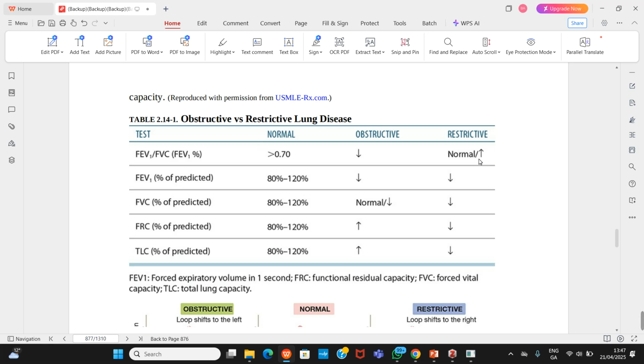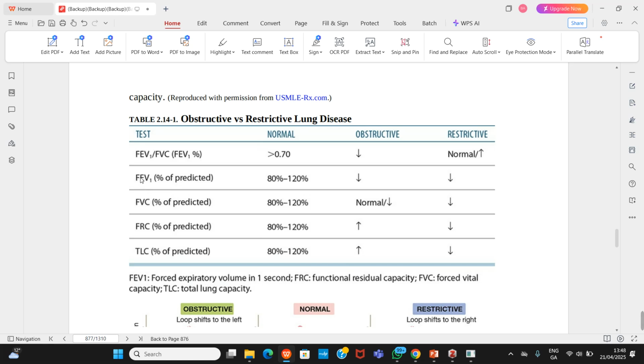In obstructive, it is lower than 70%. In restrictive, it is normal or higher than 70%. So what about the individual values? So we expect the other individual values to be more than 80%, not 70. Not 70 now. The other individual values. Please don't forget this. Many people forget, they are using 70 throughout.